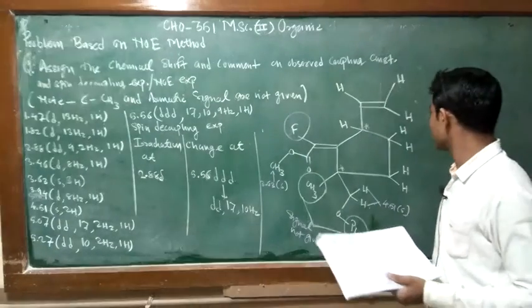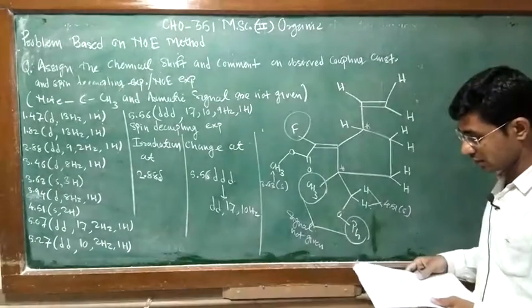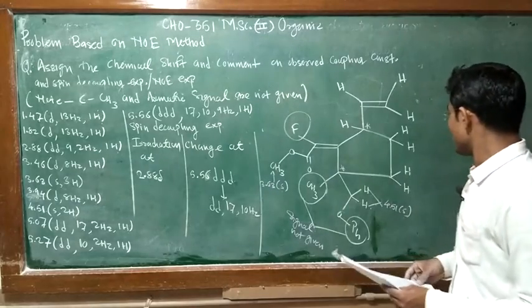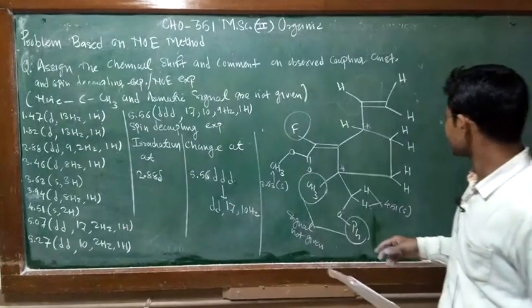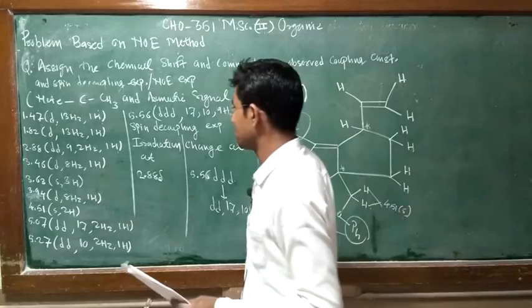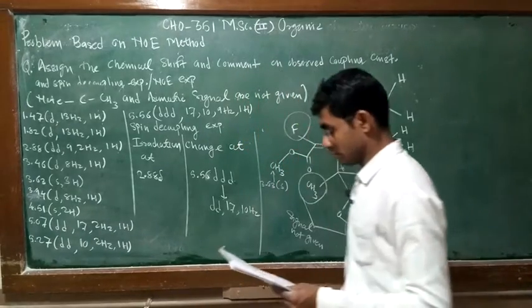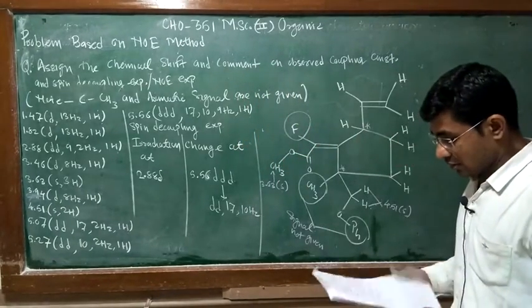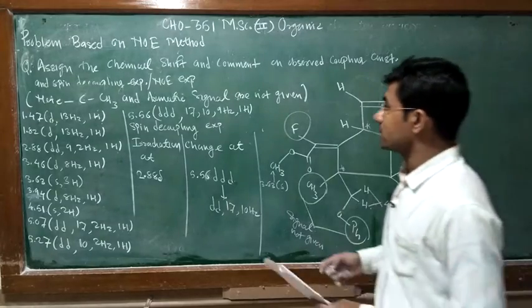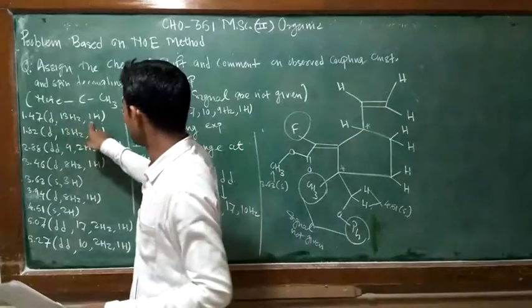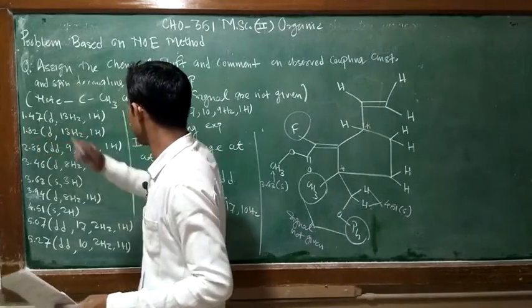So that is geminal coupling. Firstly, we are going to assign the simple signals. 1.47 doublet, 13 Hz, and 1.82 doublet, 13 Hz.